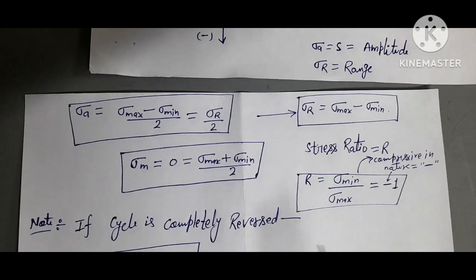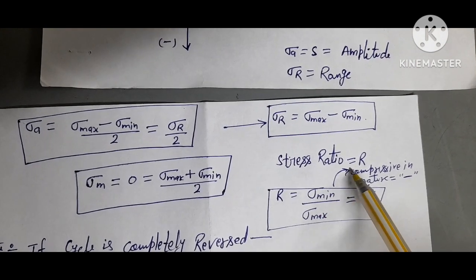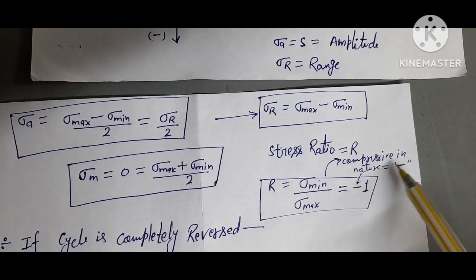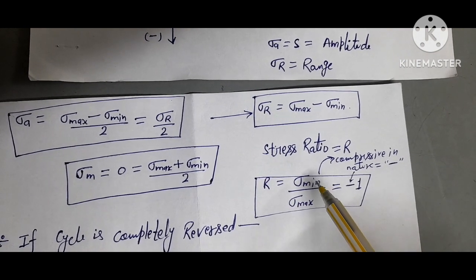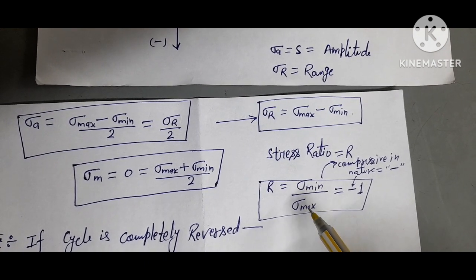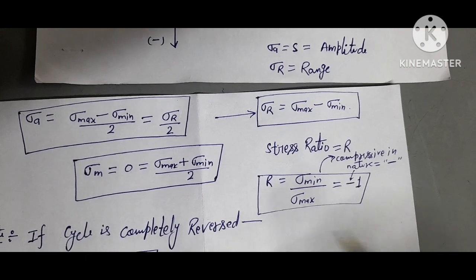Friends, for stress ratio, you know sigma min is compressive in nature, so a negative sign will be applicable. So stress ratio equals sigma min divided by sigma max equals -1.